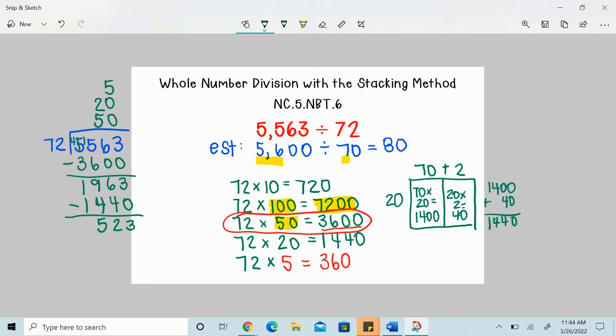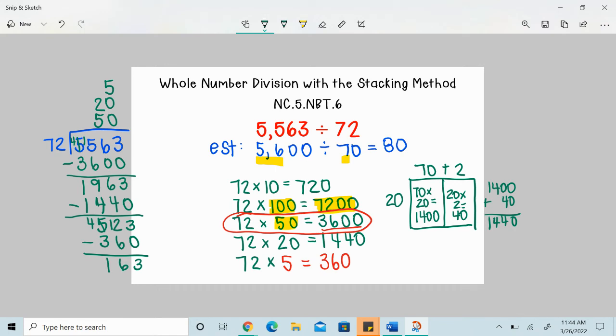So I will stack 5 above the 50 and 20. 5 times 72 is 360. So I'll go ahead and subtract. And I can see that I have 163 left.